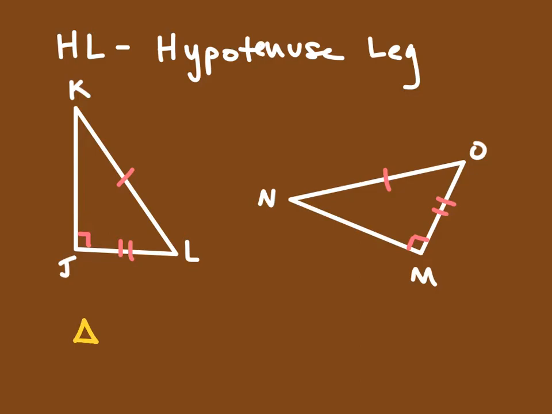Now I'm going to write this as triangle JKL is congruent to triangle MNO. All right, and so that's the statement that I can draw. Given this picture, and that's all the information we're given, I can automatically conclude that these triangles are congruent.